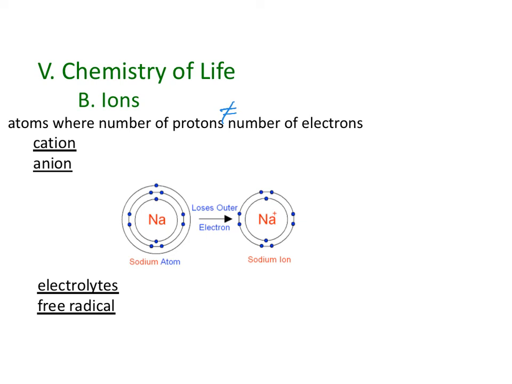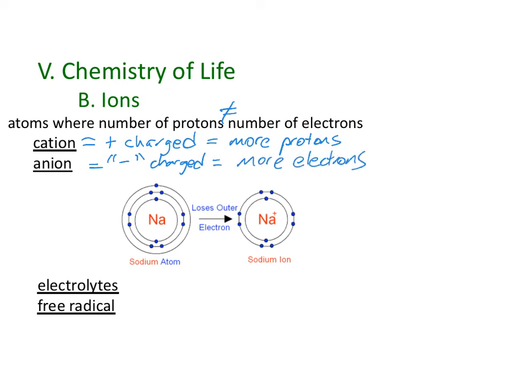And so a cation is an ion that is positively charged, and that means that there's more protons than electrons. And if it's an anion, it is negatively charged, and in that case, there's more electrons than protons.